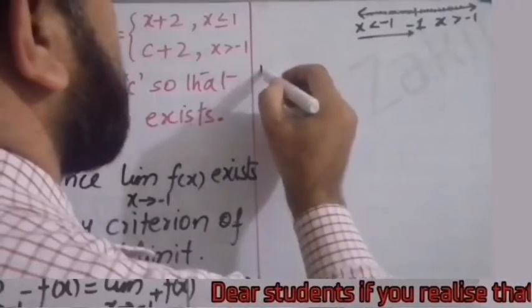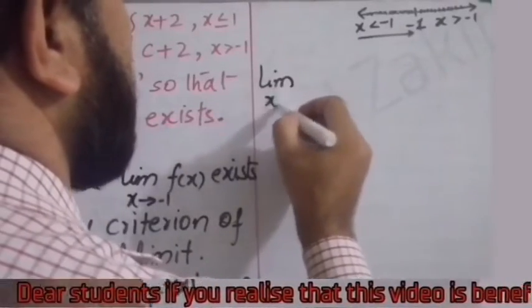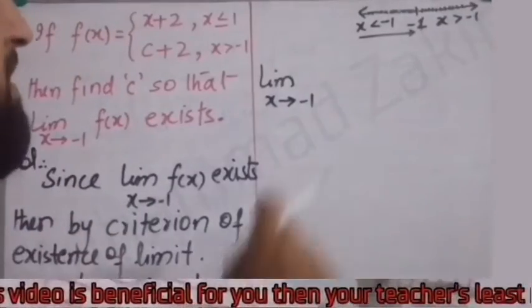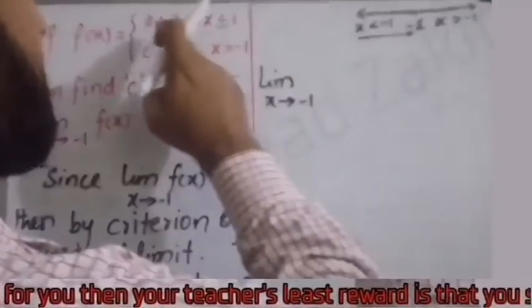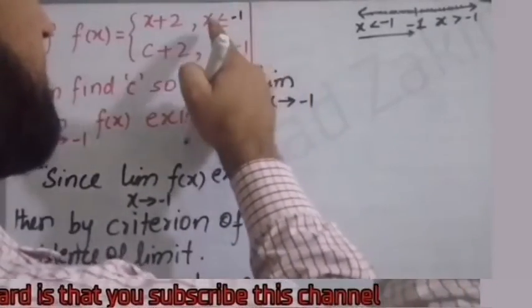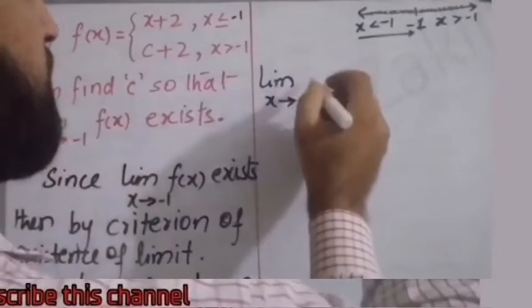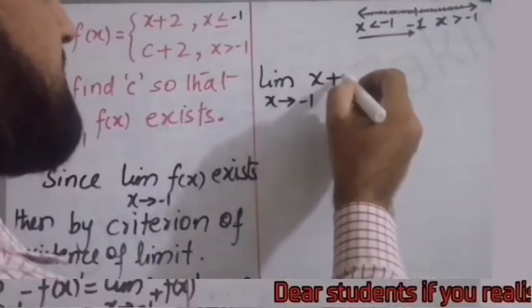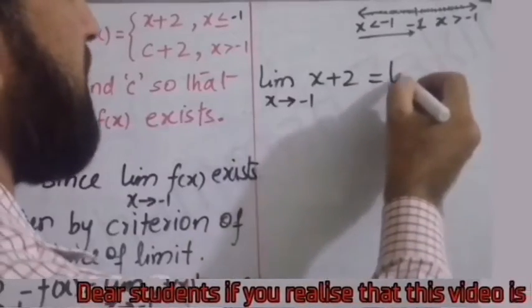It means for the left hand limit, we have this definition of f of x. For the left hand limit, this is the condition, and this will be the definition because x less than minus 1 is written here. So for the left hand limit, the definition of the function is f of x equals x plus 2.